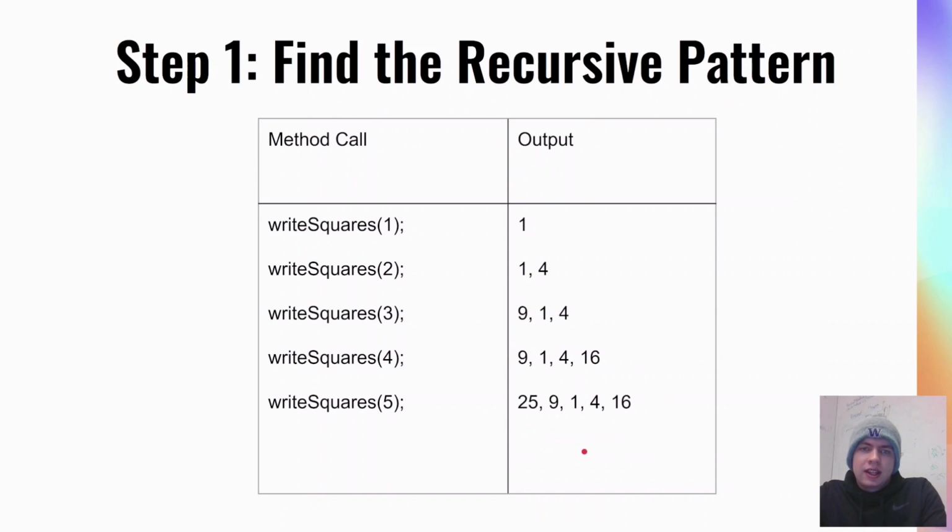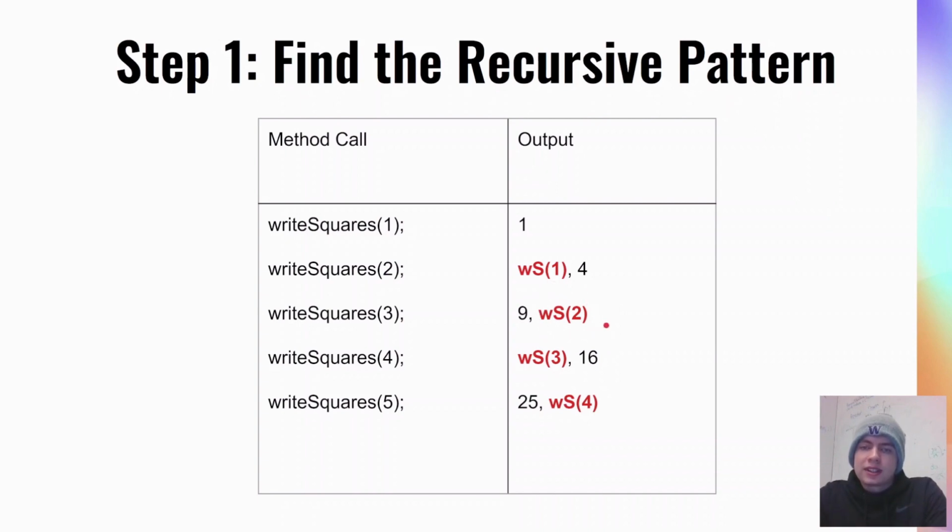Can we spot an earlier recursive call inside a later recursive call? Yes, right? If we look at this in terms of recursive calls, write squares of 2 contains write squares of 1, which is just 1, with a comma 4 appended to the end. Write squares of 3 contains write squares of 2, and by the way, WS is just an abbreviated version of write squares.